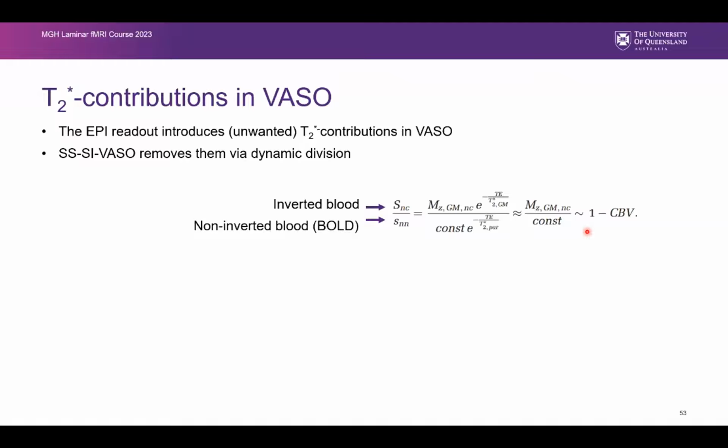It gives you the CBV change. That's why you always have to acquire 2 images. In the sequence diagram I showed, we do a VASO image and then a BOLD image. One advantage is obviously you can always just analyze the BOLD data, but the other thing is that we need it for this correction.